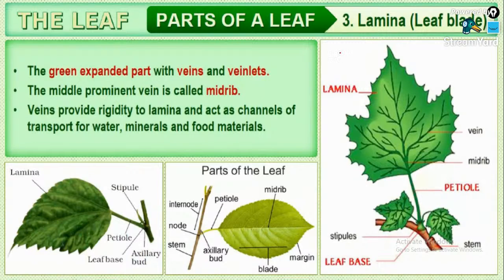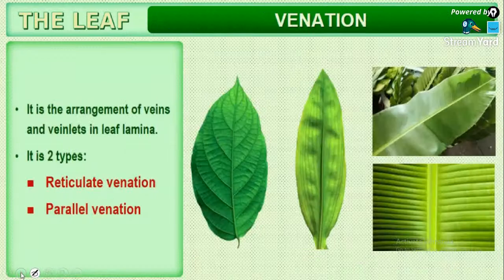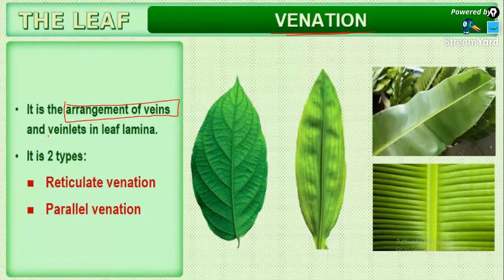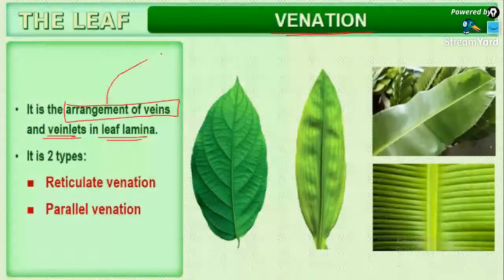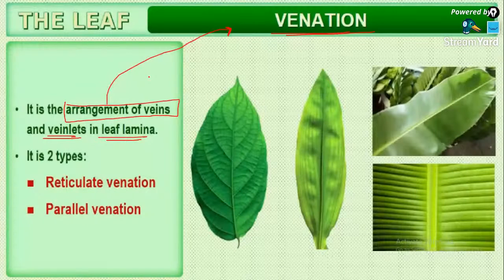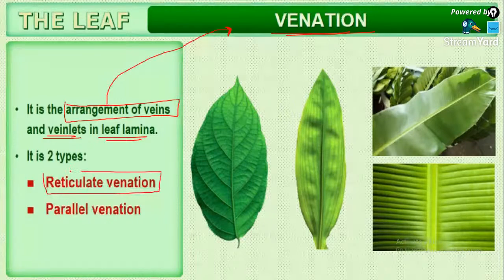Next one. Next we are going to discuss about venation. The arrangement of veins and veinlets in a leaf lamina is known as venation. It is mainly of two types: first one is reticulate venation, second one is parallel venation.